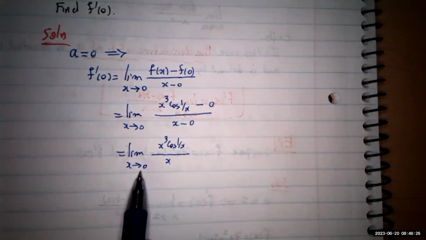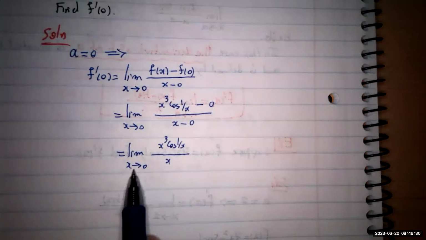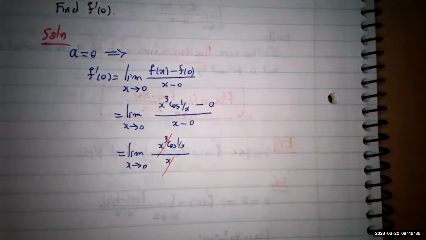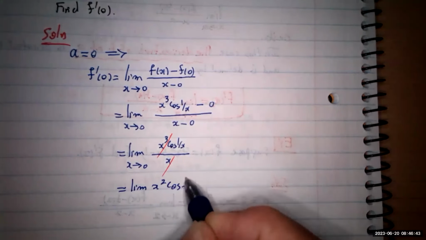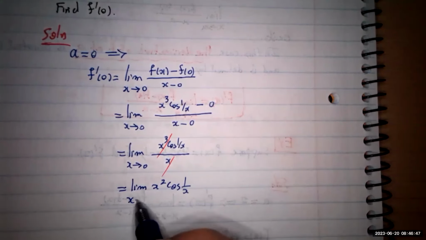You know that to find this limit, there is going to be a common factor. x goes to 0, x is not equal to 0, so simplify by one x. So the result would be the limit of x squared cosine of 1 over x, as x goes to 0. What is this limit? Do you remember?